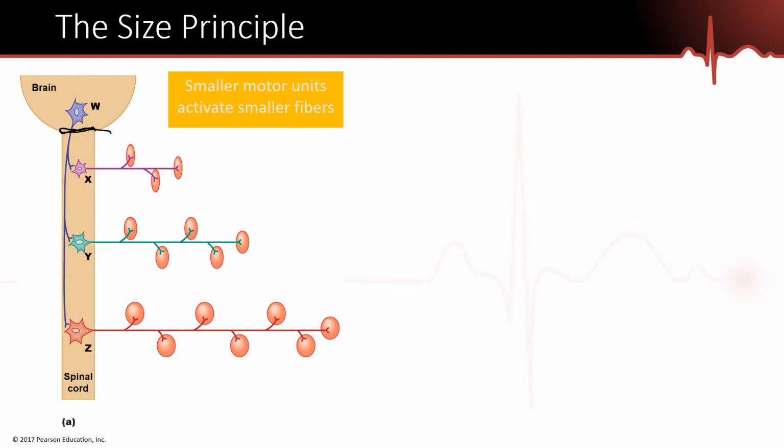So the primary motor cortex neuron must travel down the spinal cord, and where's it going to terminate? In the cervical region. And there, it is going to synapse with many more than just one alpha motor neuron.